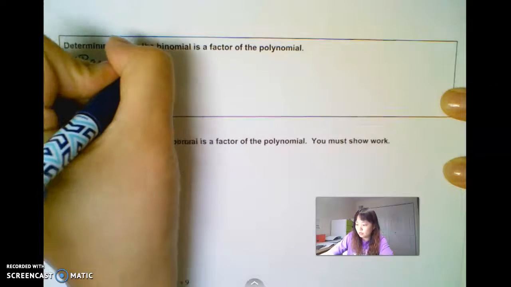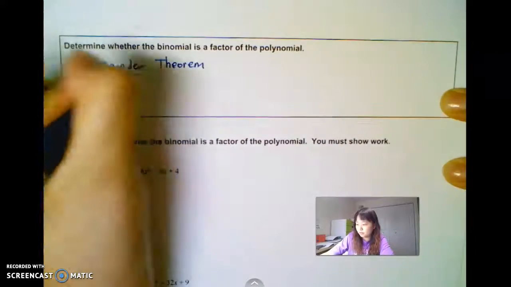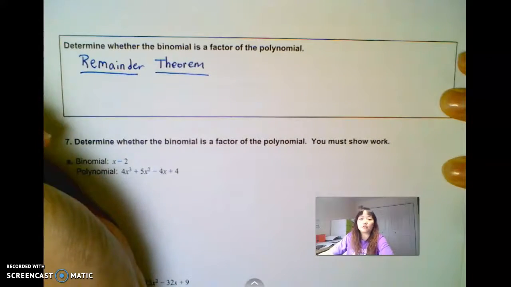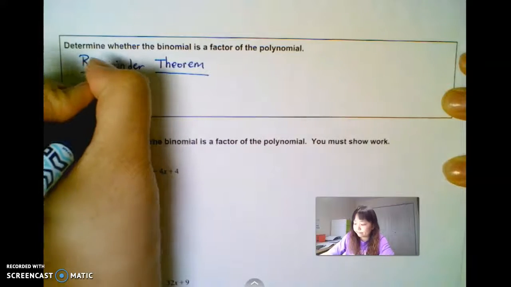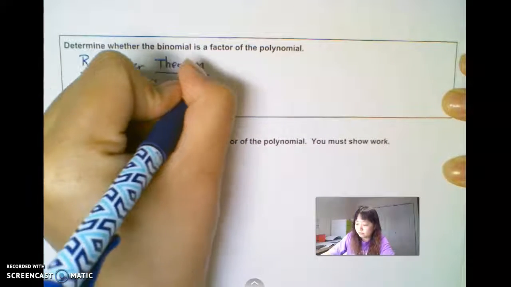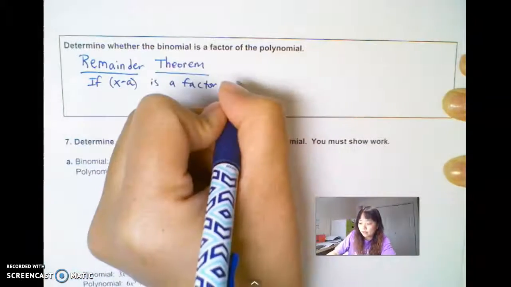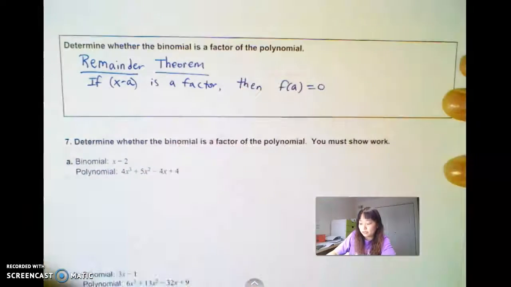Remainder Theorem. So this is what the Remainder Theorem says. If x minus a is a factor, then f of a is 0.